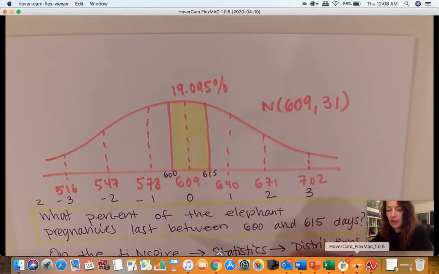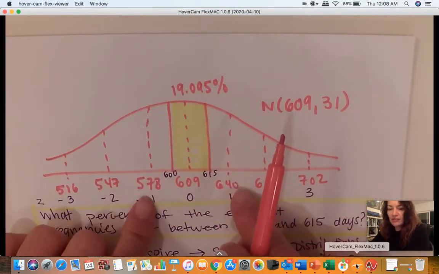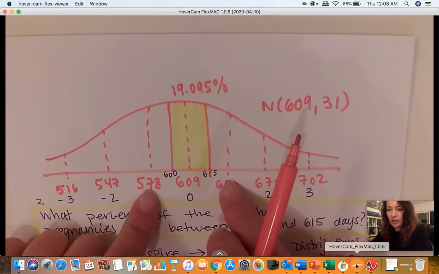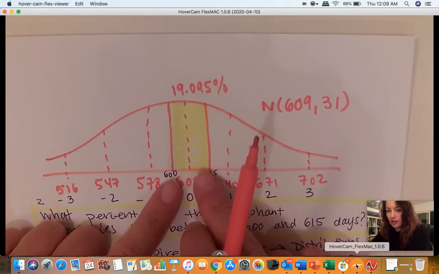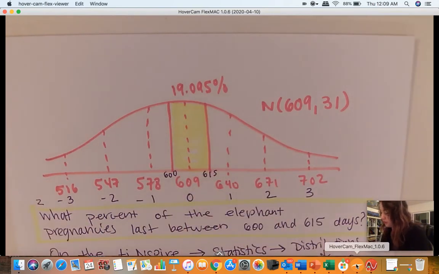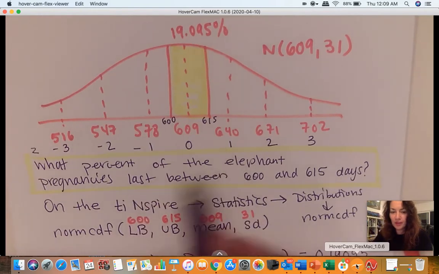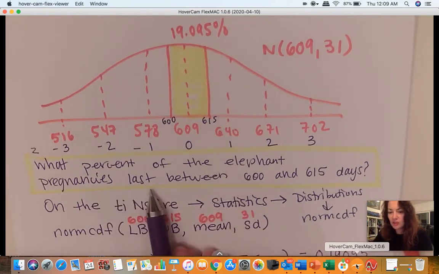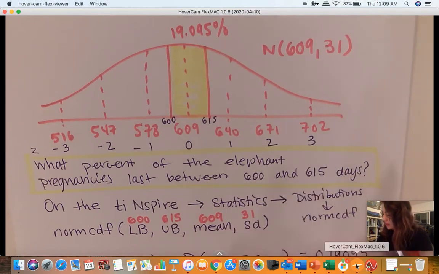That makes sense because we know that between 578 and 640 is about 68%. So this is the area that corresponds to those two values. So we would say 19% of pregnancies last between 600 and 615 days.